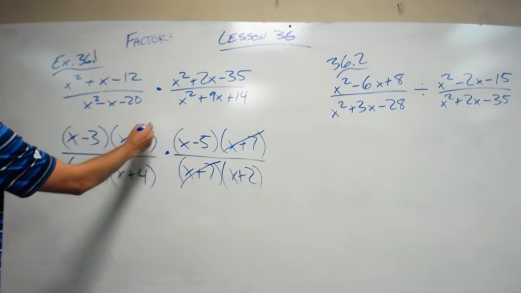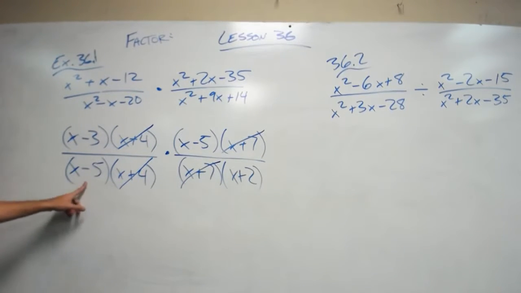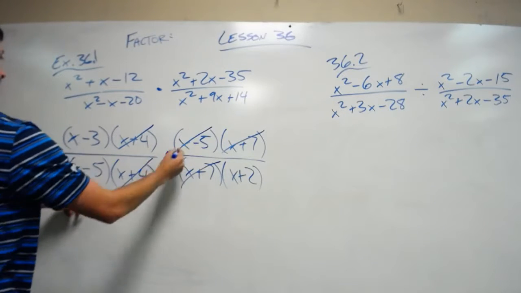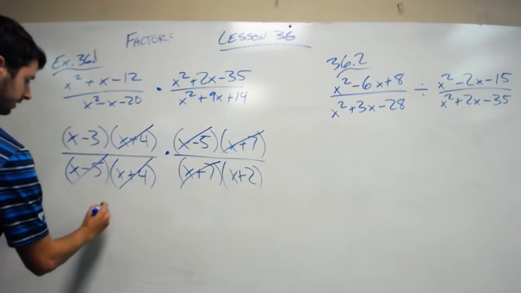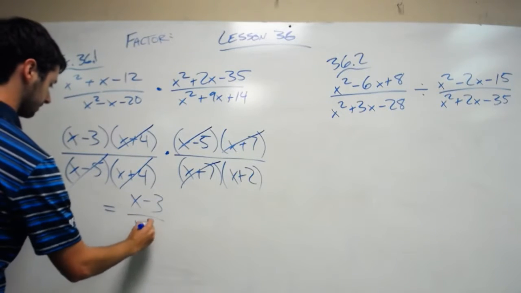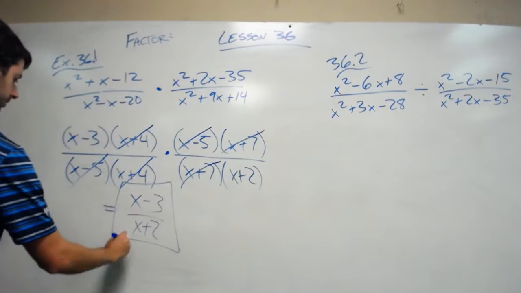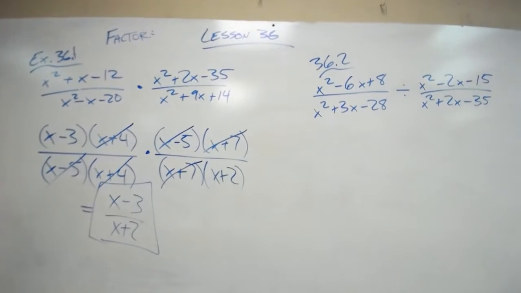Here's an x plus 4, here's an x plus 4. Those can cross out. x minus 5, x minus 5. Those can cross out. So we are left with our answer being x minus 3 over x plus 2. And that's all it is, multiplication of rational expressions.